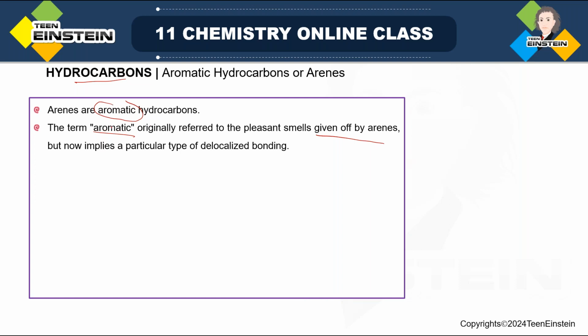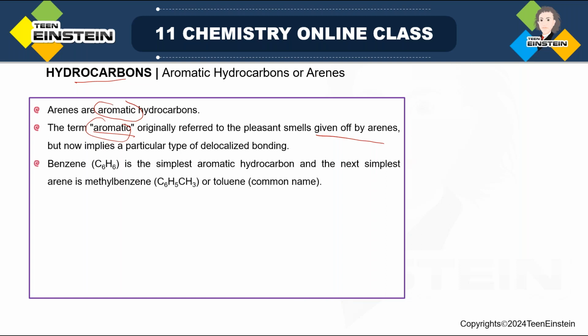So that is the reason we use this term aromatic, not for the original reason of the pleasant smell. It is because of the presence of some important features, that is, the criteria the molecule must fulfill. Then only you can call it an aromatic compound.